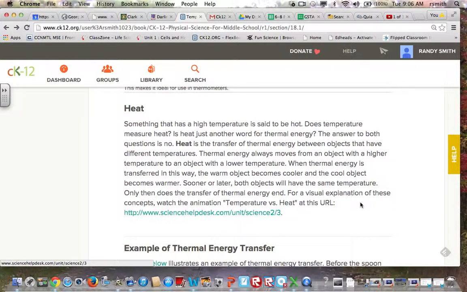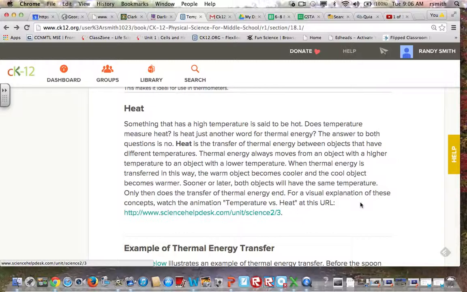Heat. Something that has a high temperature is said to be hot. Does temperature measure heat? Is heat just another word for thermal energy? The answer to both questions is no. Heat is the transfer of thermal energy between objects that have different temperatures. Thermal energy always moves from an object with a higher temperature, hotter, to an object with a lower temperature, colder.